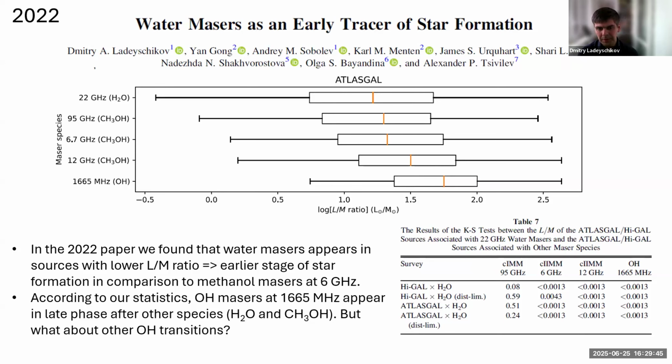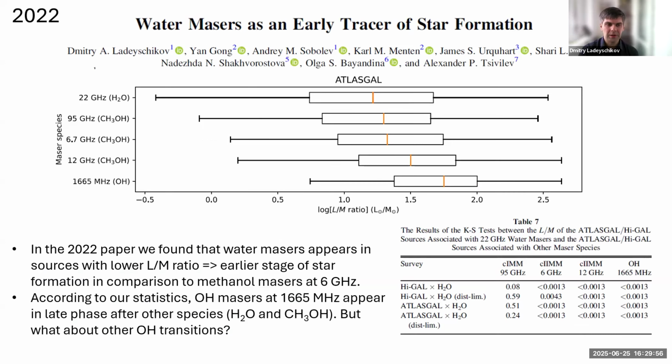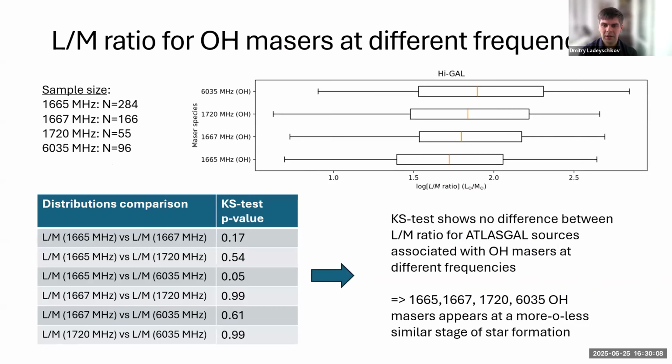What do we do now? We try different OH maser frequencies, because maybe different frequencies appear at different evolutionary stages. For example, for methanol masers, 12 gigahertz methanol masers appear at a later stage than 6.7 gigahertz. So maybe something happens also with OH.